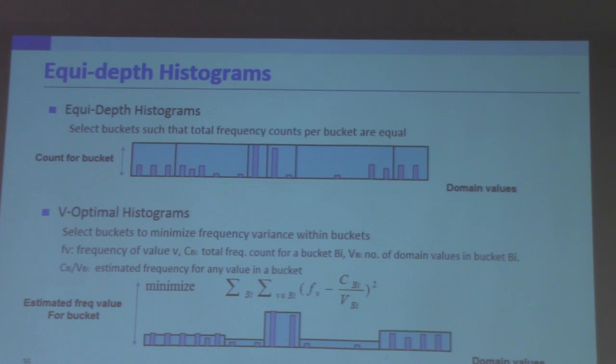When there is a query that starts in the middle of a bucket and doesn't completely overlap with the bucket, we basically have to assume uniform distribution in that bucket and use the length of the overlapping part divided by the bucket length times the total number of items in the bucket to estimate how many actually fall within that overlapping range.